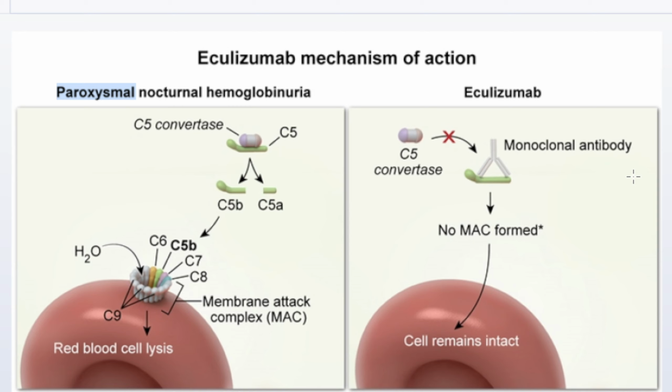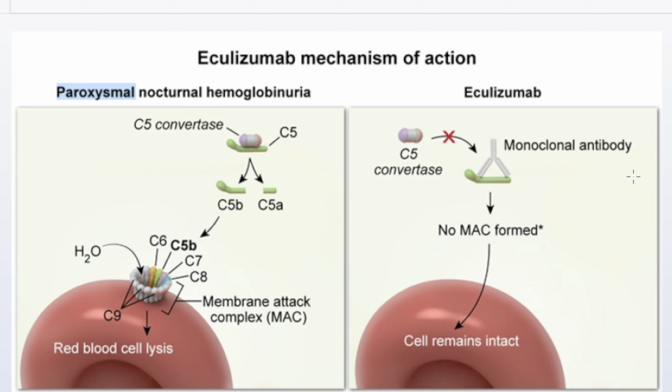This leads to an increased formation of the membrane attack complex, resulting in anemia due to complement-mediated hemolysis.